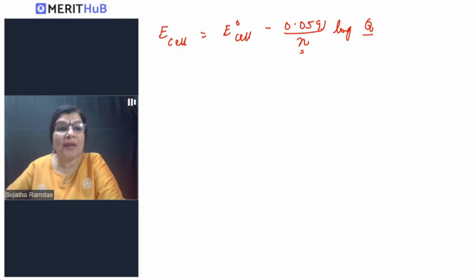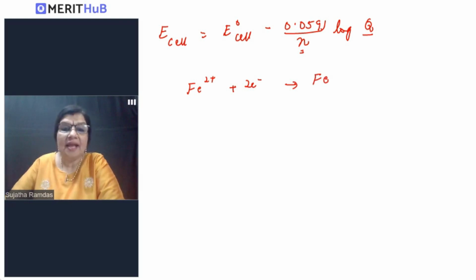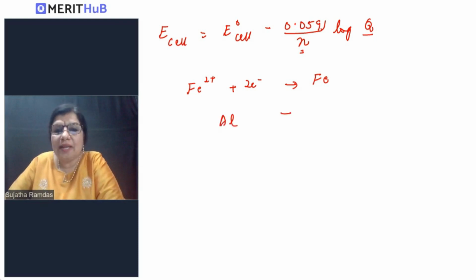So which half cell played the role of cathode? The Fe2+. So Fe2+ will gain 2 electrons to give you Fe, right? And on the other half cell you had aluminum ion, and aluminum is undergoing oxidation, right? That is the anode. So aluminum will lose 3 electrons to give you aluminum ion.